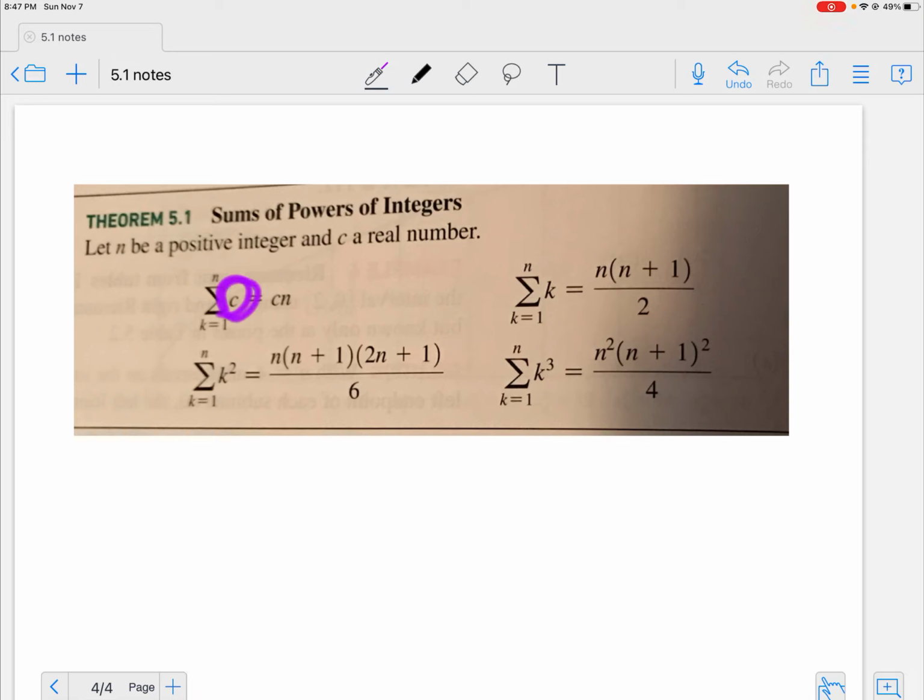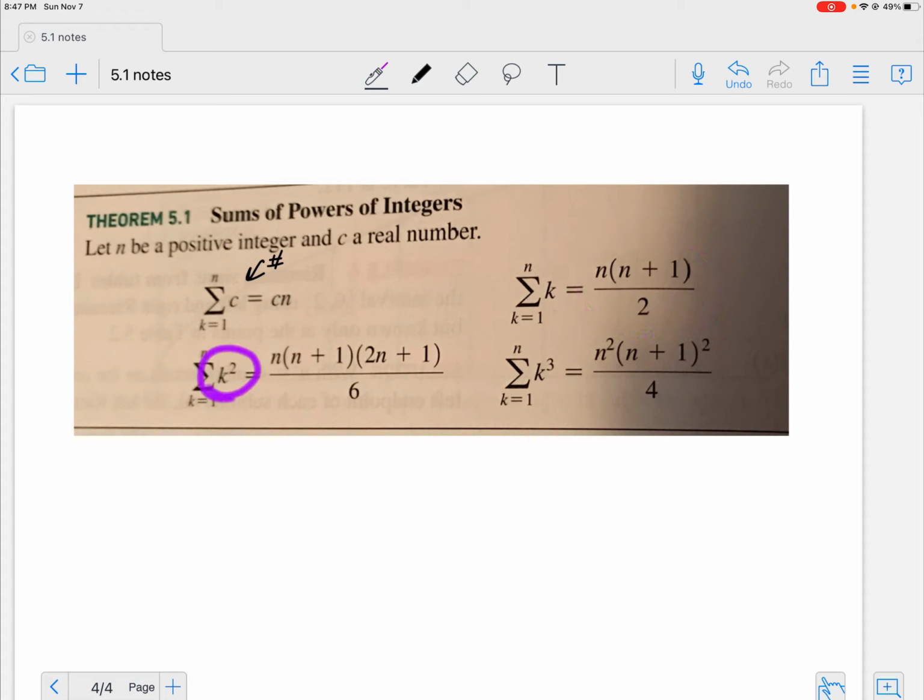If I have just a constant, just a number, that's all a constant is here, then it's going to be C, whatever that value is, times the number of rectangles you have. If it is K here, if it's just some value K, if K is my variable, then this is the pattern that happens for how many rectangles you have.